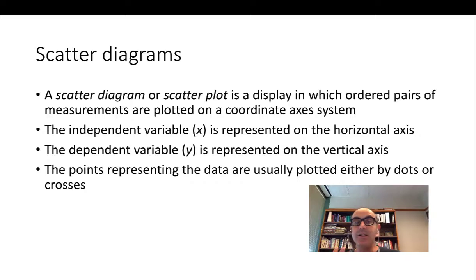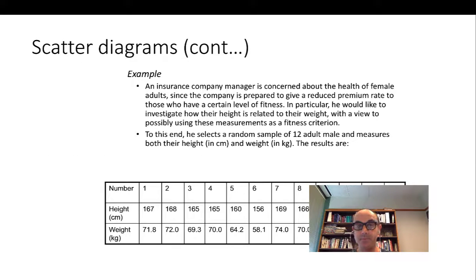The scatter diagram is a display in which pairs of measurements are plotted on a coordinate system. The independent variable is represented by x on the horizontal axis, and the dependent variable is represented by y on the vertical axis. The points representing the data are usually plotted either by dots or crosses.